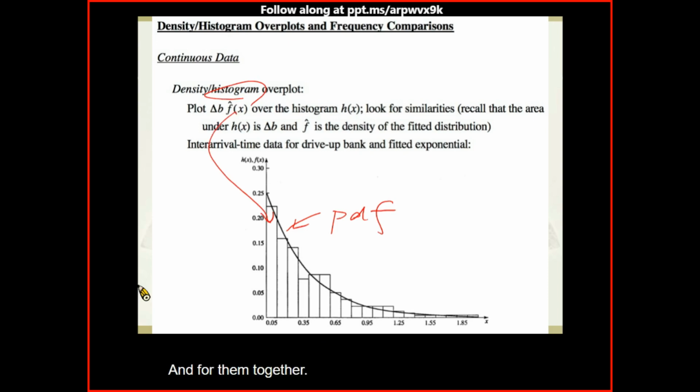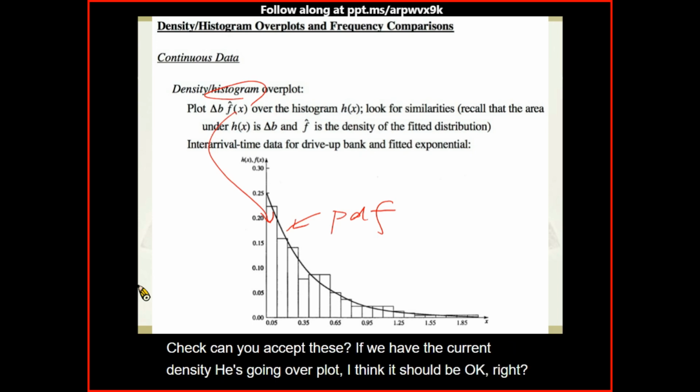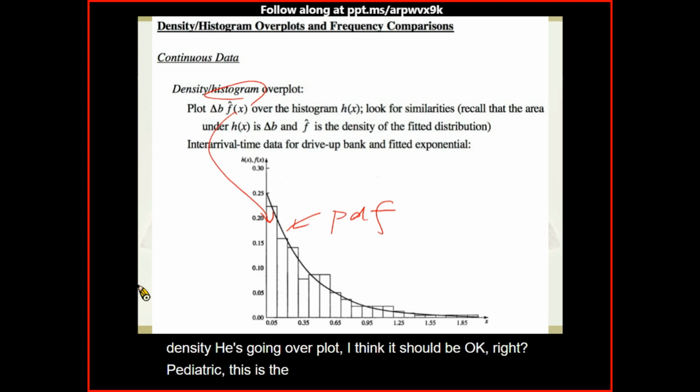Check: can you accept these? If we have the current density histogram overplot, I think it should be okay, right? This is the PDF you generate, and the histogram actually comes from the samples.